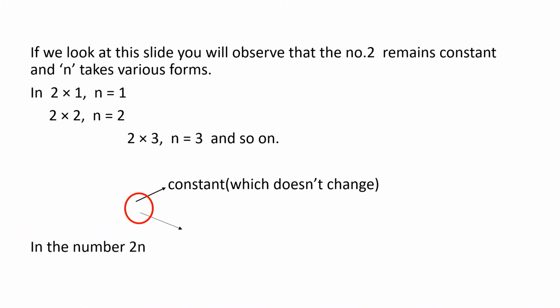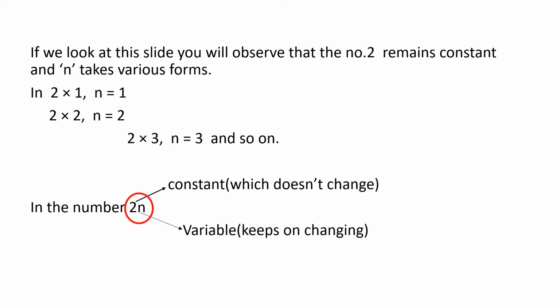we will understand that the number 2 remains constant. It does not change. Now, what is this 2? These are the number of matchsticks we required to make 1 L. And the other number n changes its value depending upon how many L's we have to make. So, if L is 1, n is equal to 1.